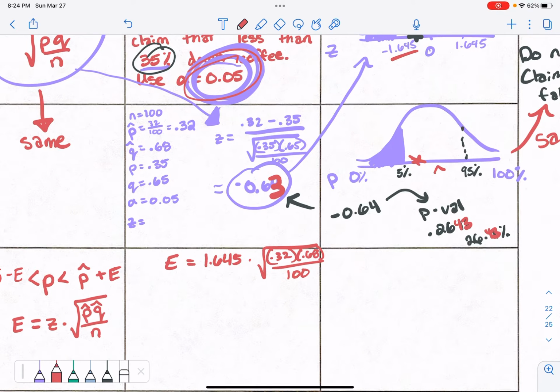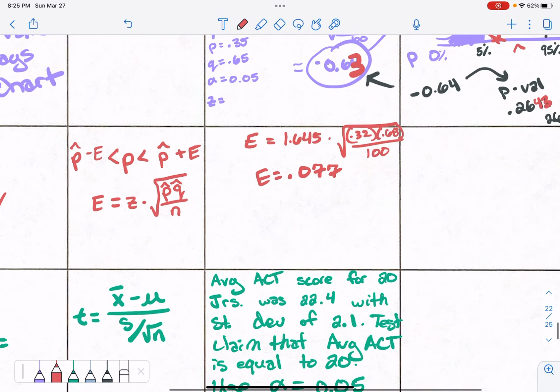Okay, let me do some actual calculations here. We've got 0.32 times 0.68 divided by 100, and the square root of that, and that times 1.645. So for an error, I got 0.077, which is 7.7%. However you want to write this out, we can write it as percentages. P will need to live in between.